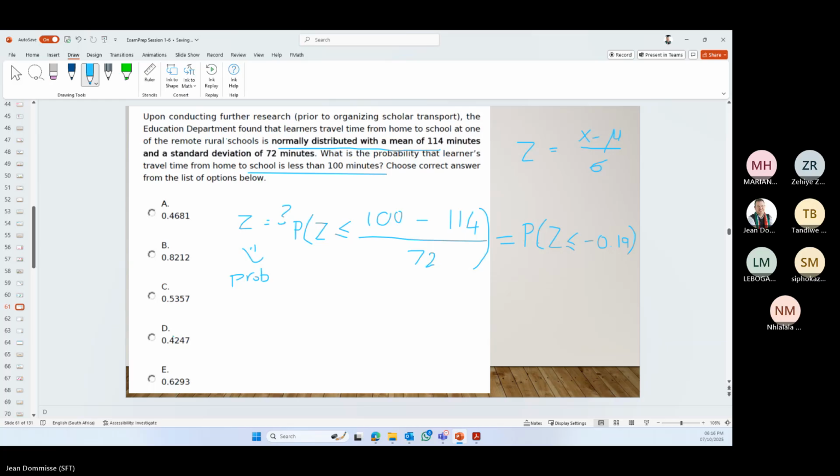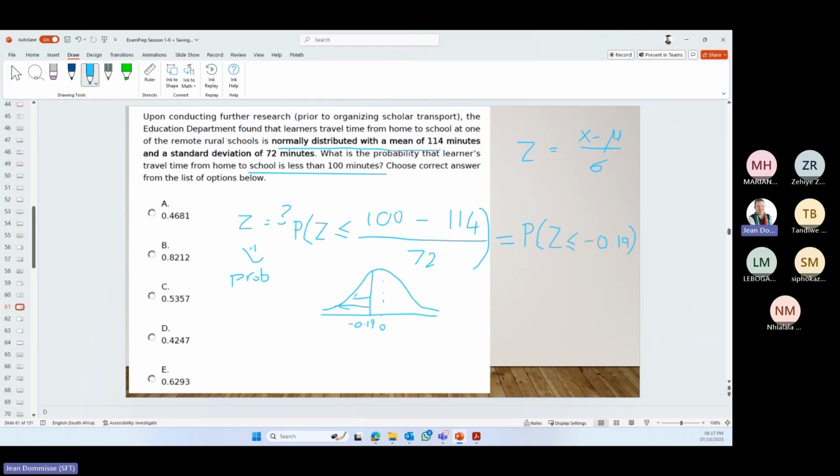Okay. So let's, okay, we've got the 0 there. They tell us smaller than minus 0.19. So minus 0.19 is just to the left of it. And we want smaller than that.